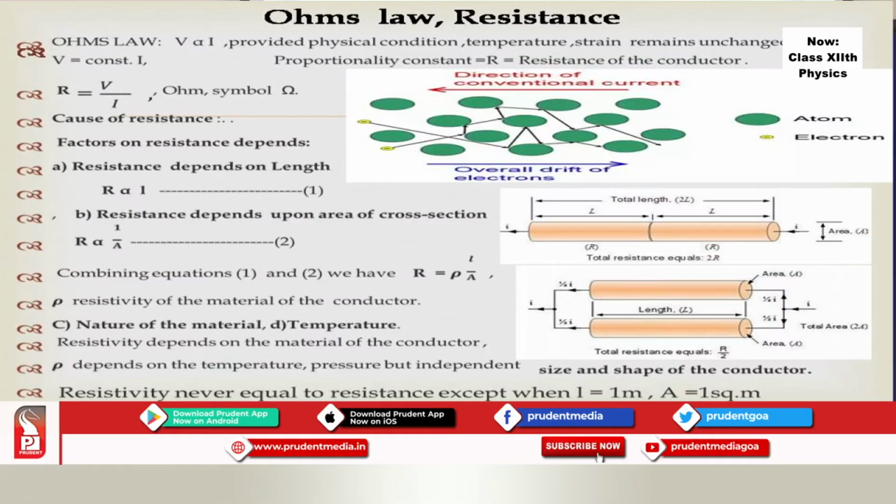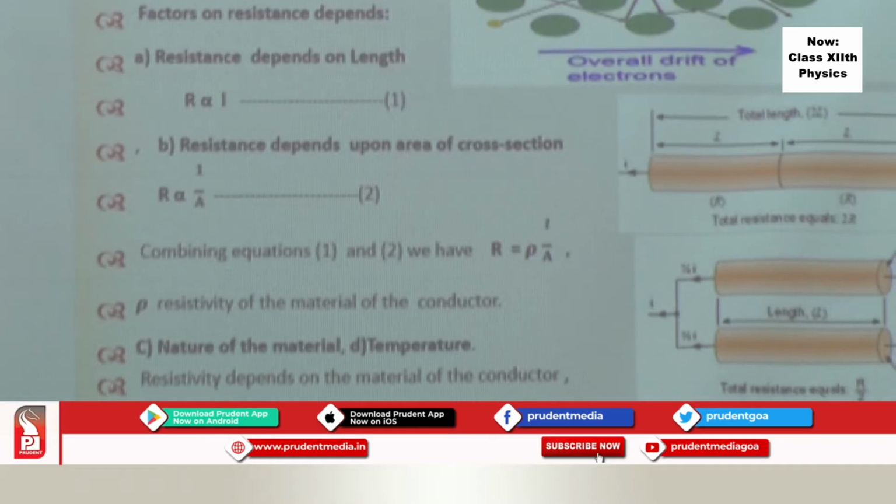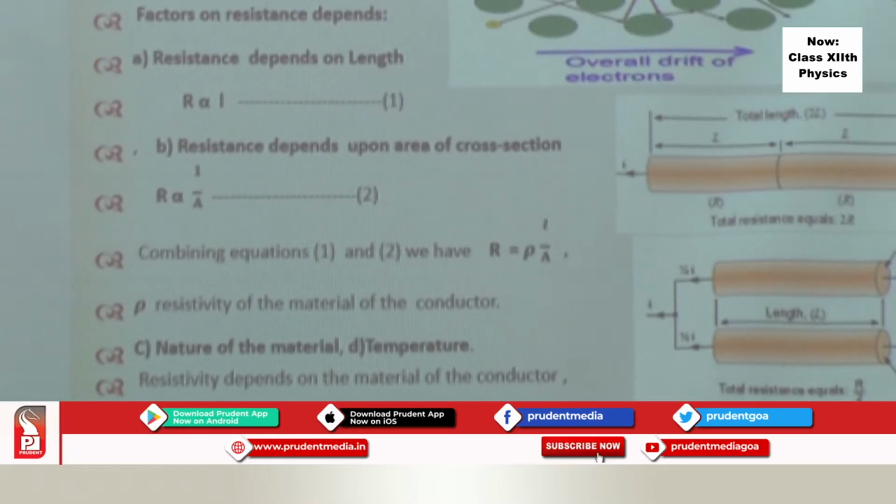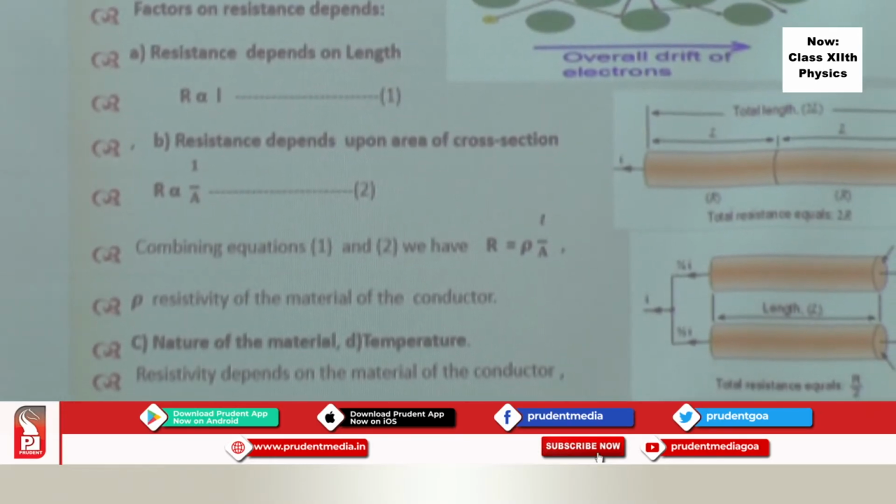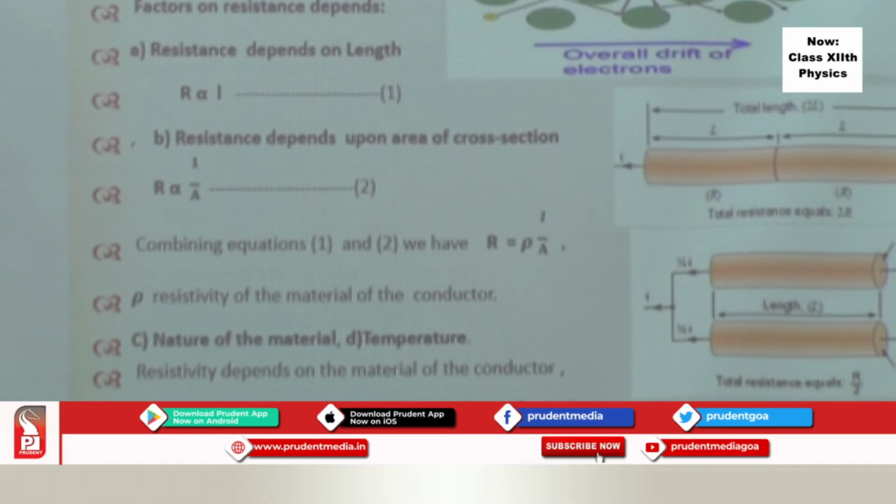So resistance is inversely proportional to area of cross-section. Thicker the wire, lesser is the resistance. And then if you compare these two relations, you will find that resistance is some constant times L upon A. This constant is called the resistivity of the conductor, also known as the specific resistance of a conductor.